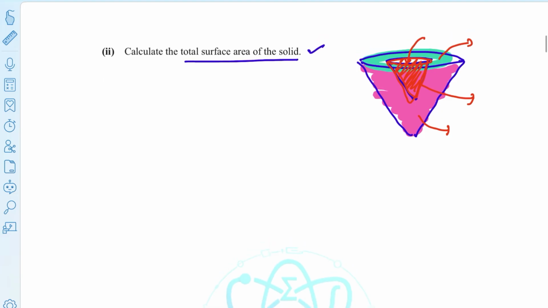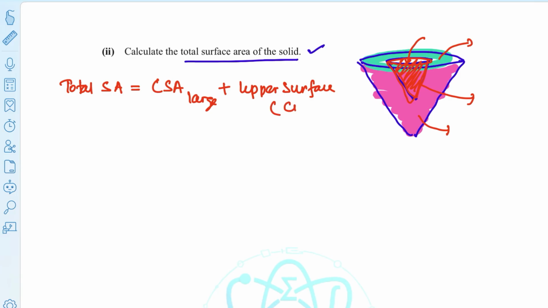Now, before that, let me write down the basic formula first. If I'm trying to find out the total surface area, I'm writing in short form. So, what does it mean? We are saying that we have to find out the curved surface area of the larger cone, plus the upper surface which I'm trying to find out from the circle, the upper one.